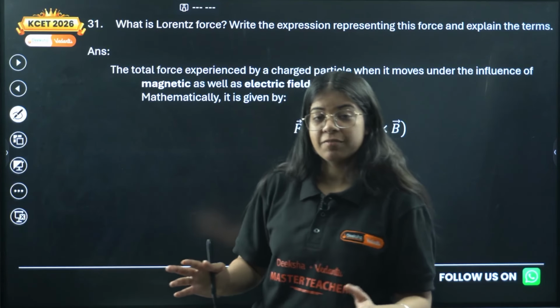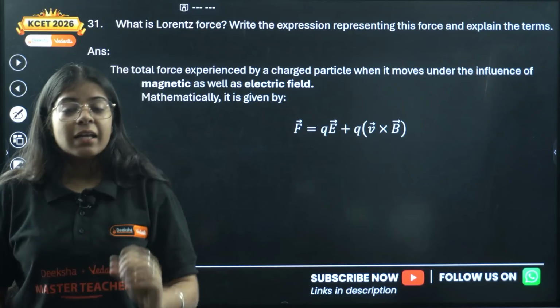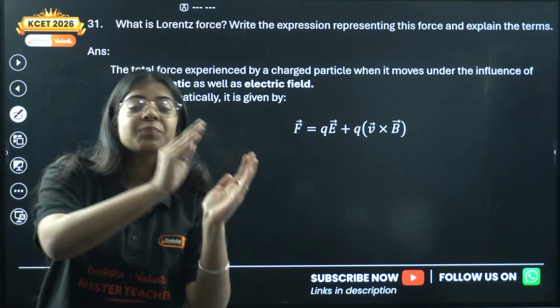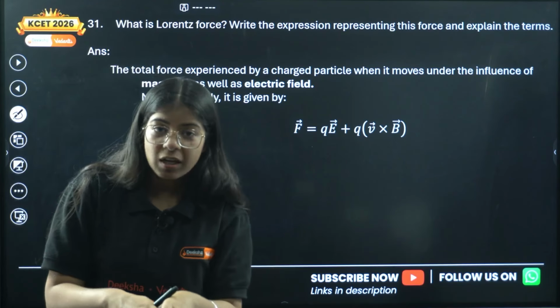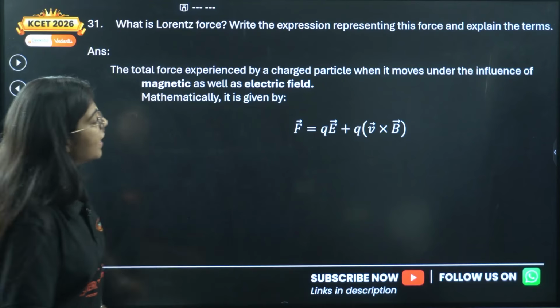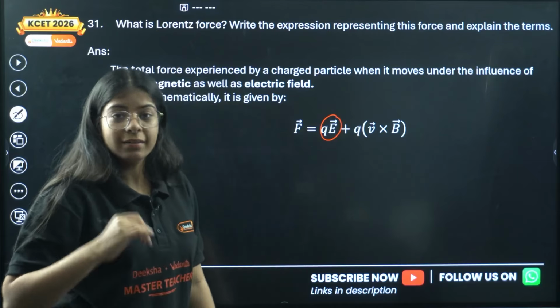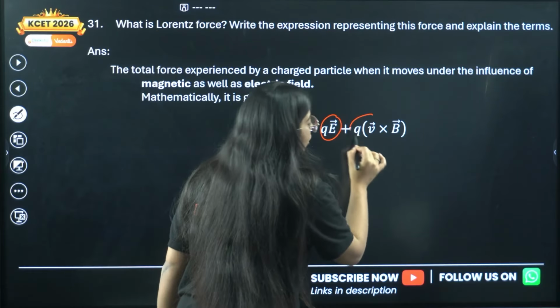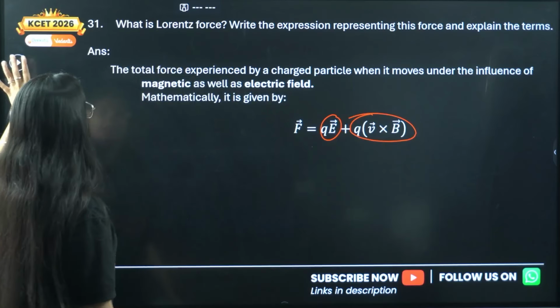So if a charged particle is under the influence of a magnetic field as well as an electric field, there is a force that acts on that particle which is called Lorentz force. Mathematically it is given by QE, which is due to the electric field, and QV cross B, which is due to the magnetic field. Correct?